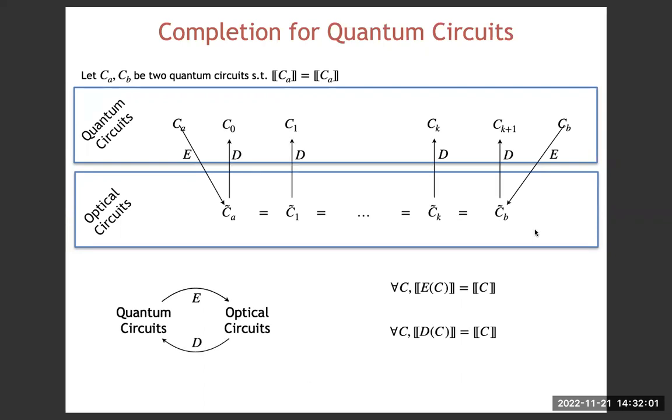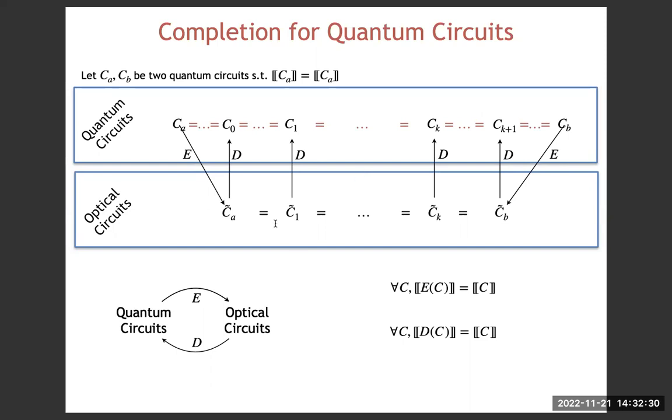In order to do that, we use a decoding, that is a way to transform optical circuits into quantum circuits in such a way that we have the intermediate steps of the proof. So we want to go through these circuits, and what is missing is just to find the equations such that we can fill the intermediate steps of this proof.